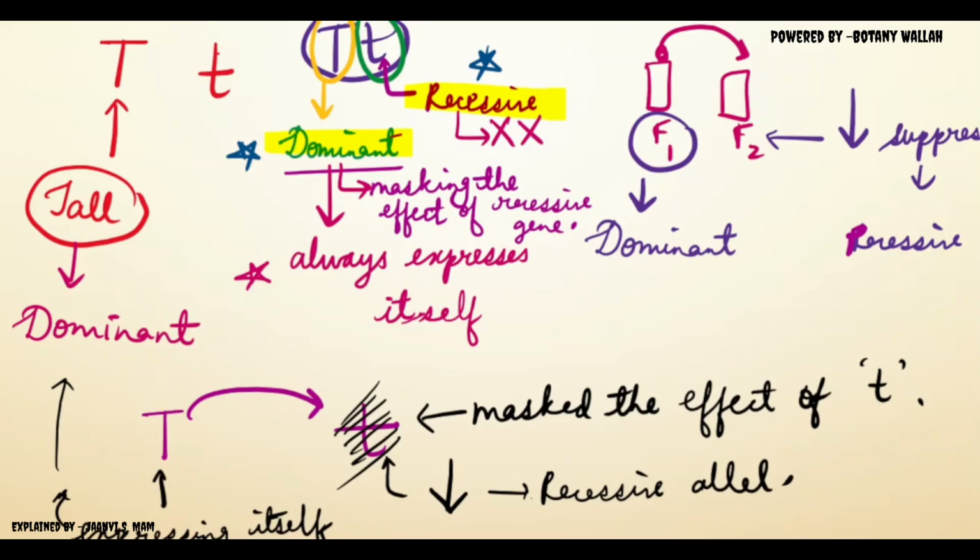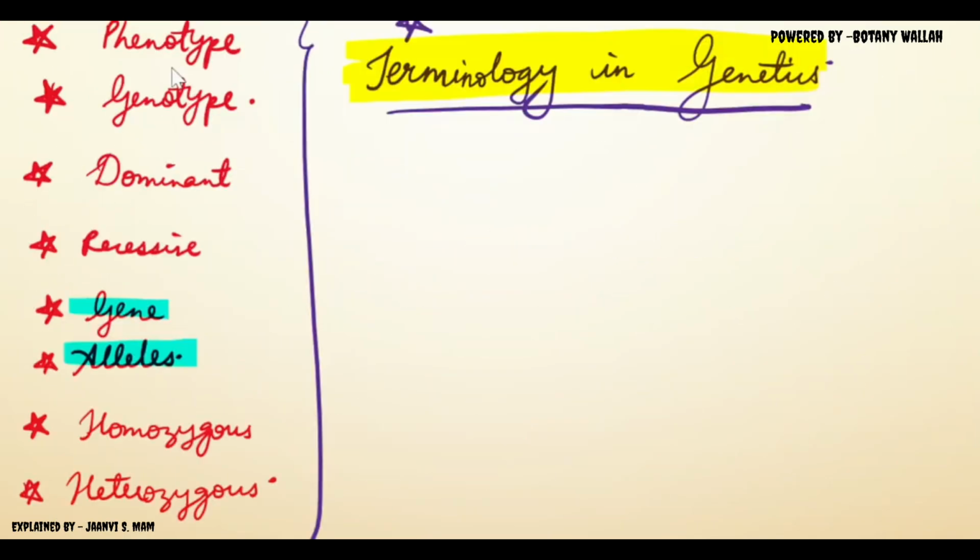So here we spoke about four concepts. One was allele, then we spoke about recessive and dominant, and phenotype and genotype. Now we will speak about homozygous and heterozygous conditions, and then we will stop for today's class.